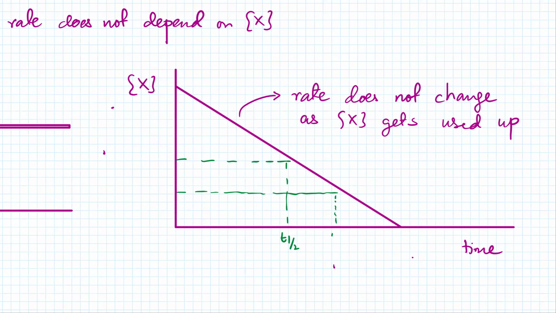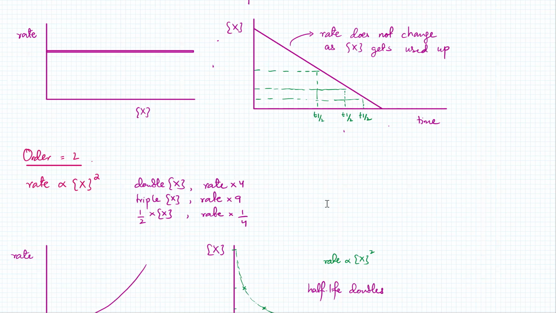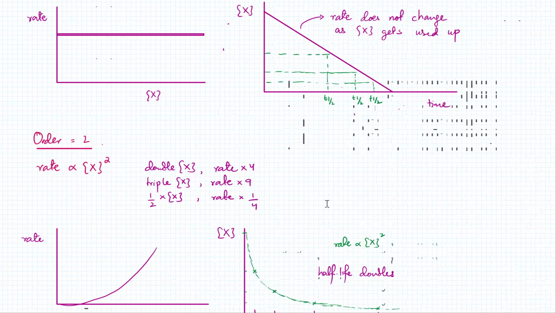The second half-life is now a lot smaller. The third time the concentration decreases by half, that's even smaller. So every time the half-life is becoming less and less. But you don't even have to check the half-life. If it's a straight line, then that's obviously order zero.